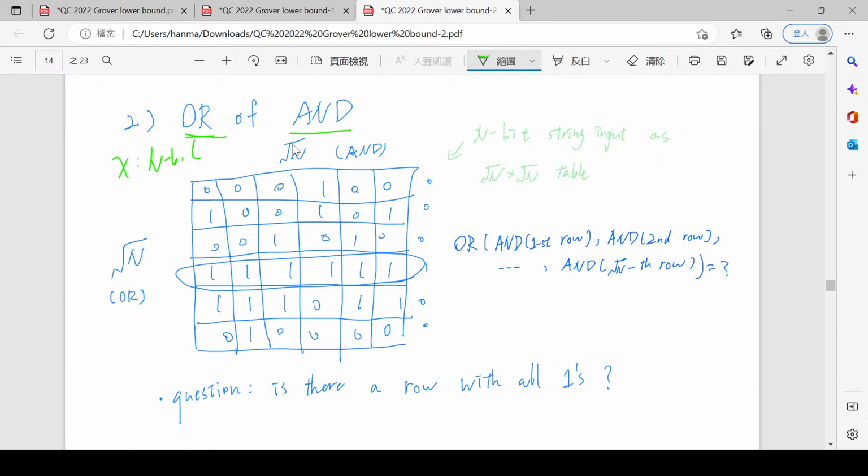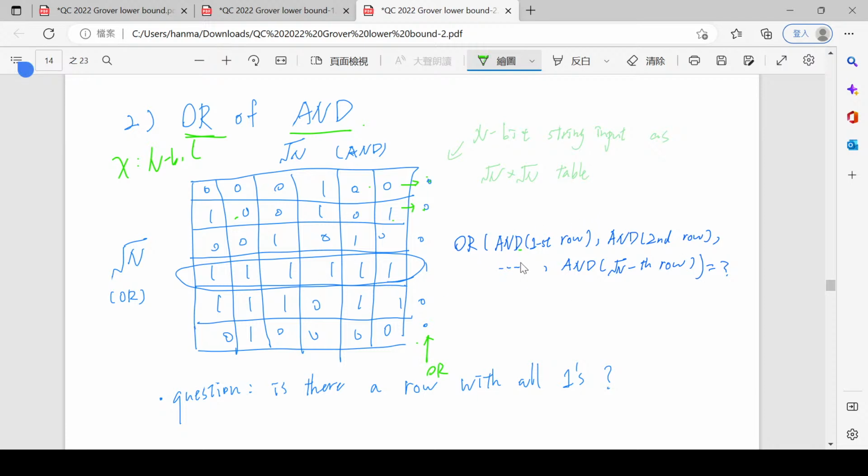Big N is some square number, so you can read it as square root of n times square root of n, and we put it in this table. So OR of AND means we want to compute the AND of every row, right? So the AND of the first row is a 0, and the AND of the second row is a 0, etc. So we want to compute the AND of every row, then we want to compute the OR of those.